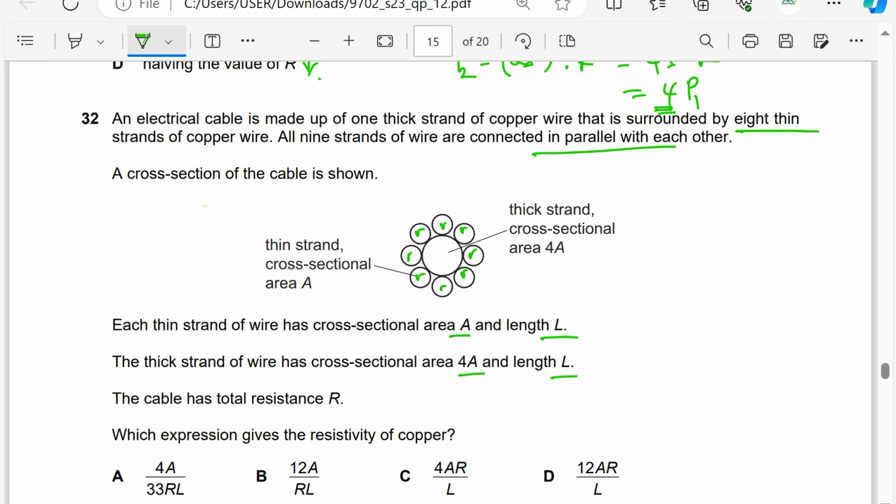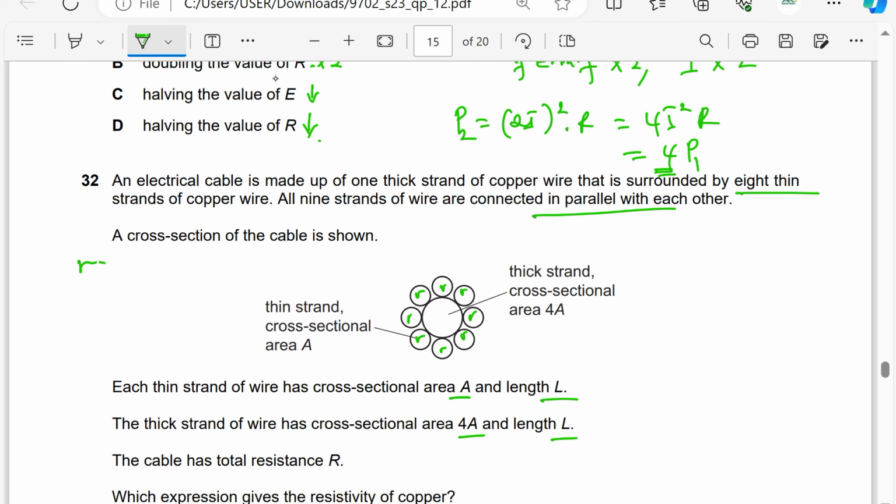Okay, so if I have one strand, its resistance r is going to be resistivity times length over its cross-sectional area A. But remember, there are 8 resistors in parallel, each having this resistance.